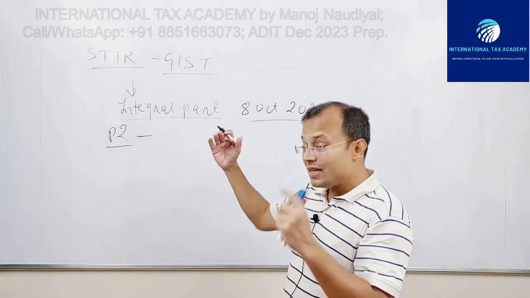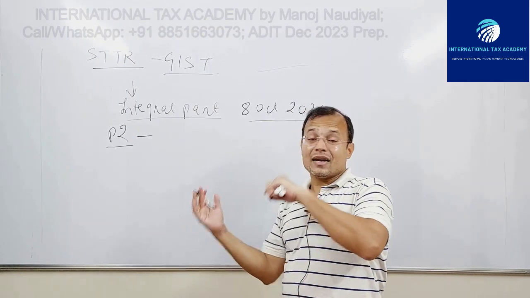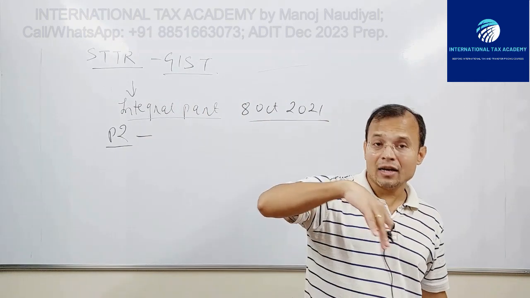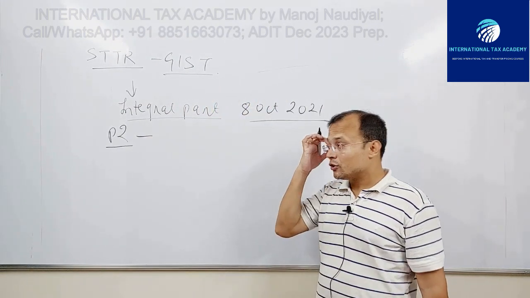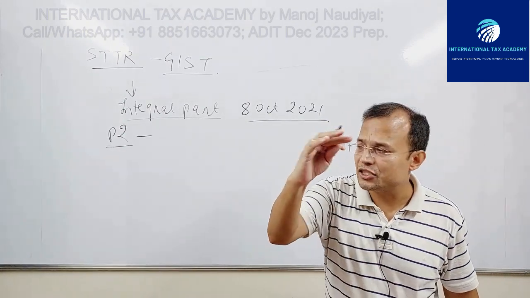In that case, Pillar 2 rules provide certain jurisdictions the rights to tax back those payments, so that a certain minimum level of taxation is achieved.